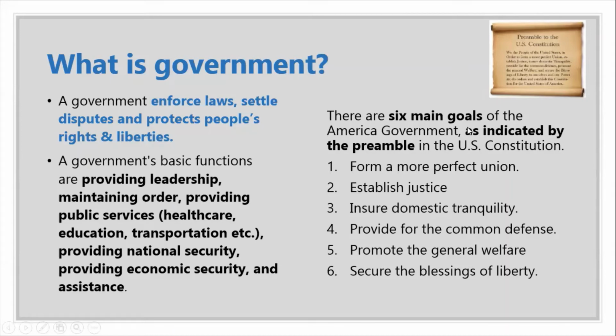The six main goals of the American government, as indicated by the preamble in the US Constitution, are: number one, form a more perfect union. Number two, establish justice. Number three, ensure domestic tranquility. Number four, provide for the common defense.